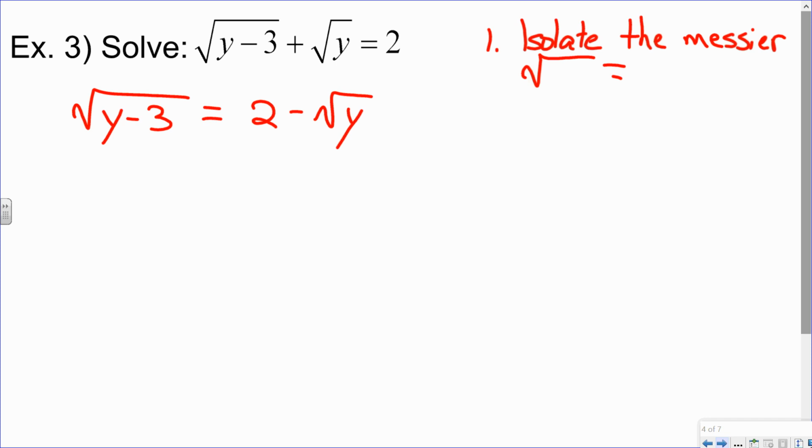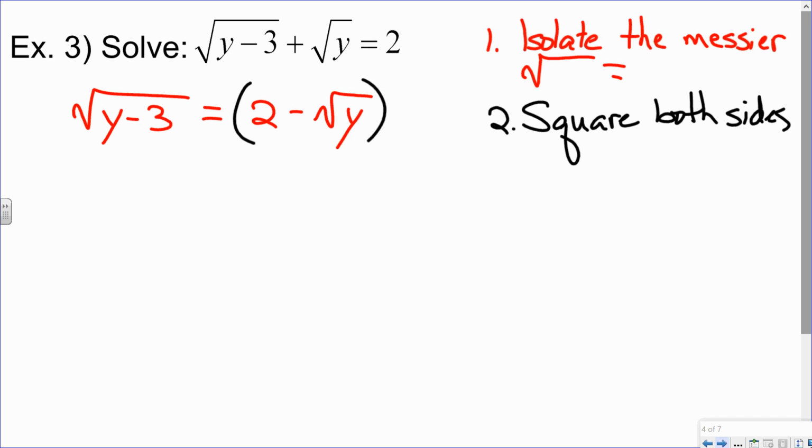Change sides, change signs, subtract root y from both sides, so we have that. And then I heard that that would be helpful because we could then square both sides. Which is very nice on the left side. Square cancels out the square root, and we have y minus 3.